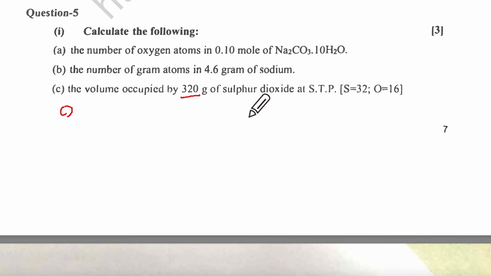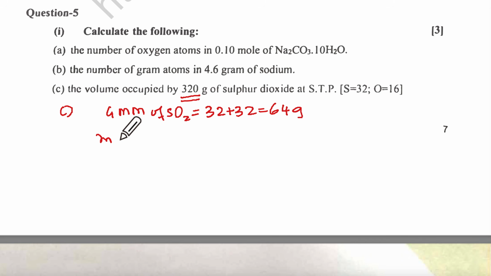Volume occupied by 320 grams of sulfur dioxide. So we are going to start with this, this is mass. So I will need the GMM. Anytime they supply the mass, what you need? GMM. The mass means GMM or GAM, okay? 32 plus 32 is 64.